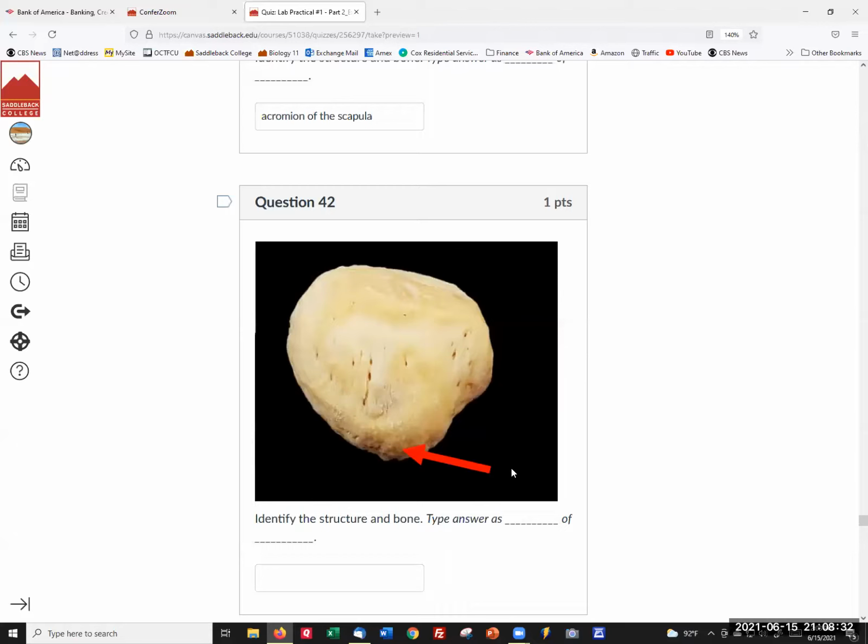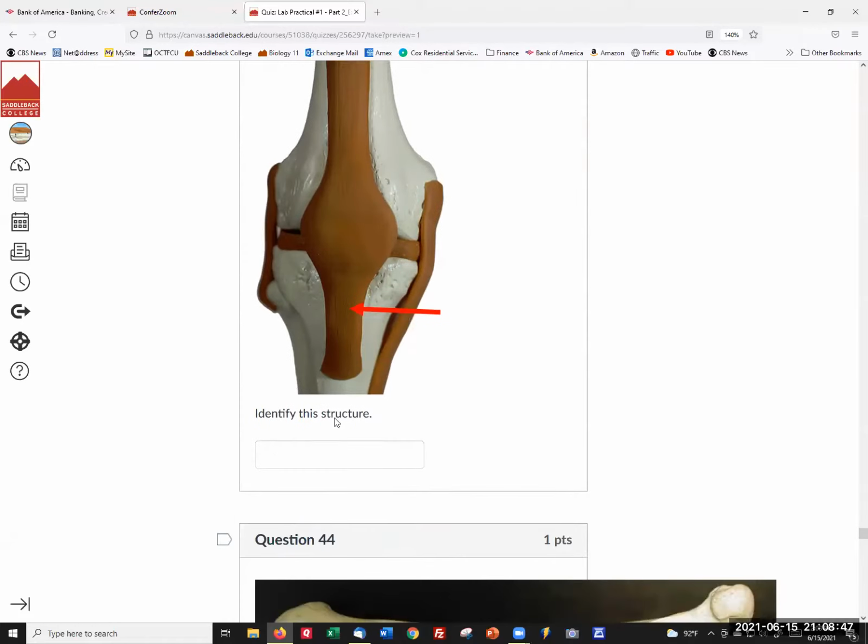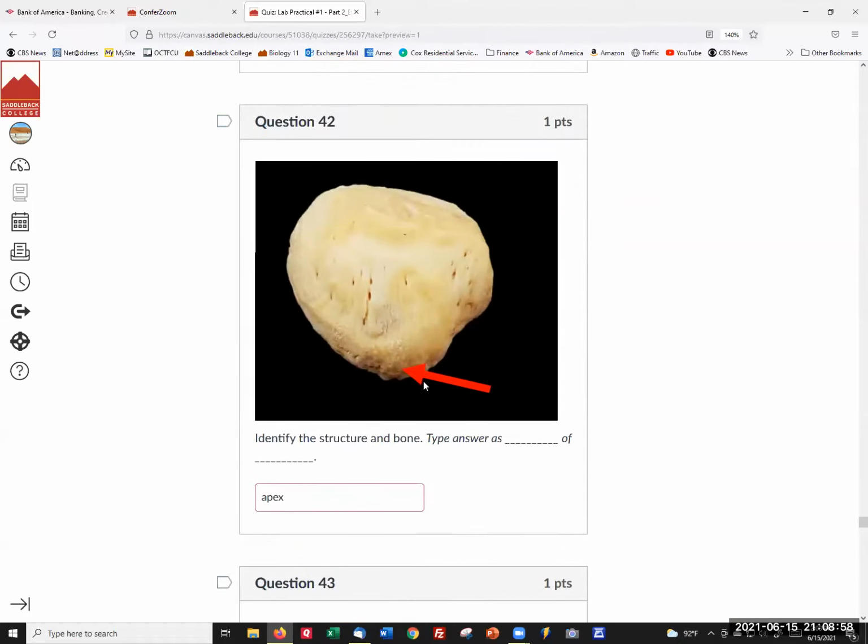We're getting close to the end of this test. This is the patella, and the pointed portion of the patella is the what? Apex. Below the patella, attaching it to the tibial tuberosity. Can I ask, how did you know that that was the patella? How do you tell from that view? Okay, what else does it look like? One rounded sort of bone.